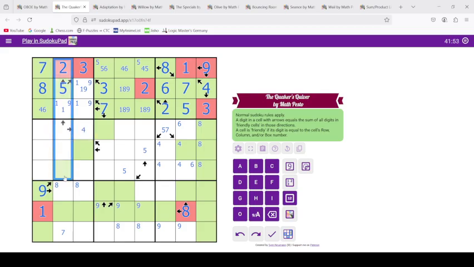This can't be 2, could be 4 or 5. This can't be 1, could be 4 or 5 as well. So we're looking at 1, 4, 5. 1, 4, 5, 6, or 9. The possibles for this.